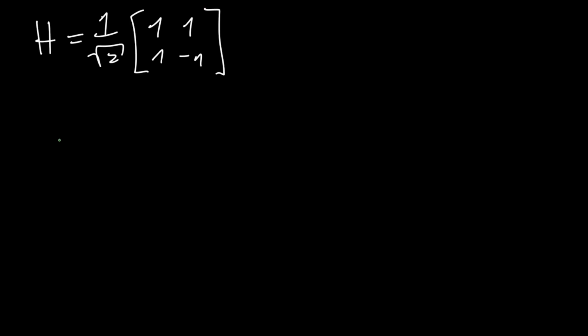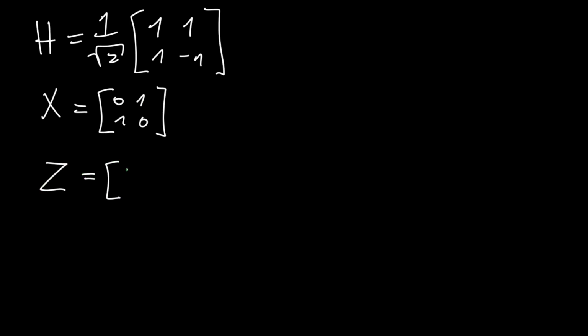Then we have the X gate, which is basically the NOT gate as we had before. Then we have the Z gate, which is doing nothing for 0 and changing 1 to 1 with a minus.